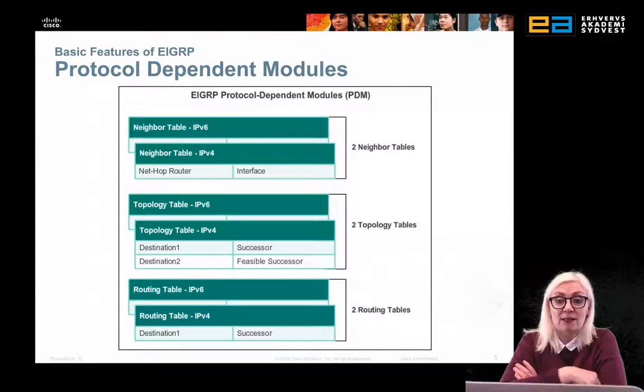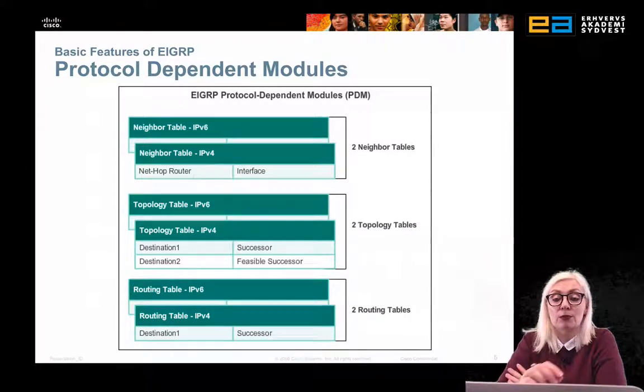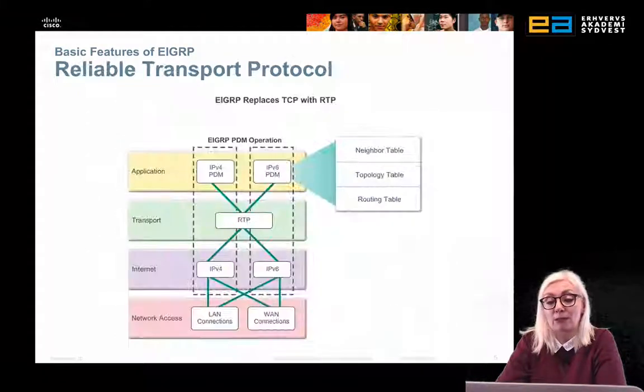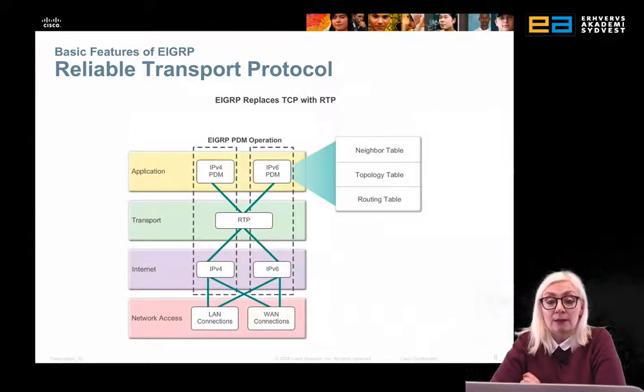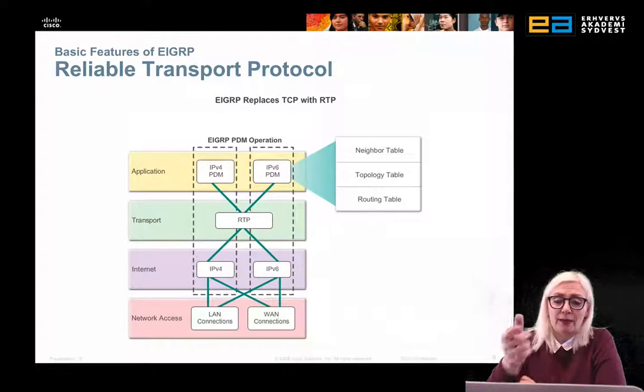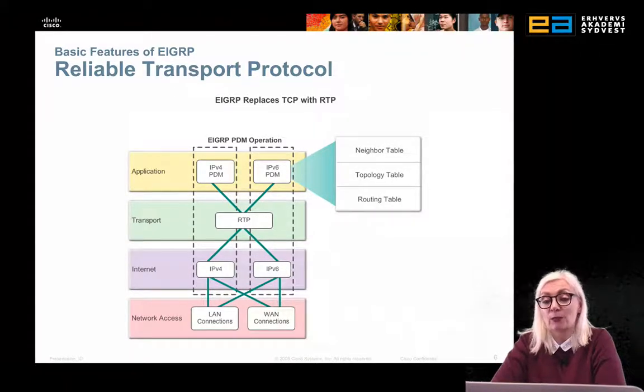Each of these has its own modules for the neighbor table, the topology table, and the routing table, for instance. And for updating these tables, it uses the Reliable Transport Protocol, which is made by EIGRP and is a part of EIGRP. It's a transport protocol, so it replaces TCP.